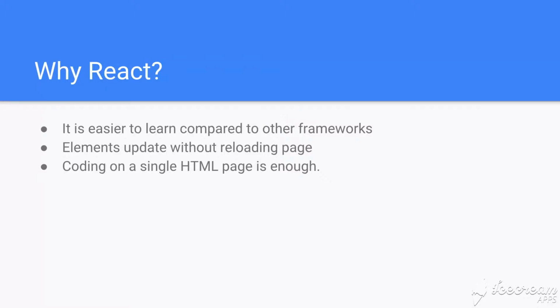Elements are updated without physically reloading pages, which is what makes React so special or different than other frameworks. Elements that get reloaded look very seamless, so you don't see a pause or anything, because React uses something called the virtual DOM, or virtual document object model.